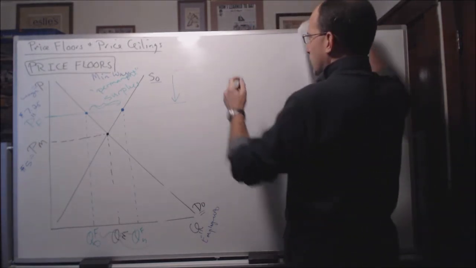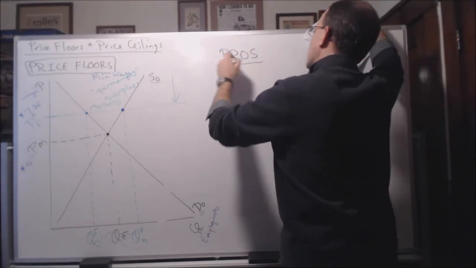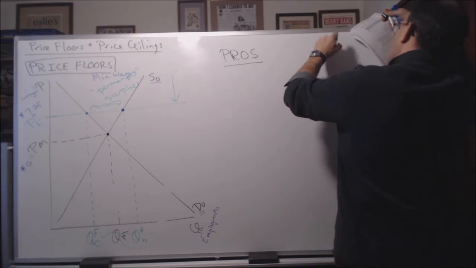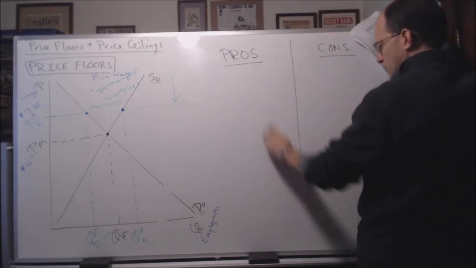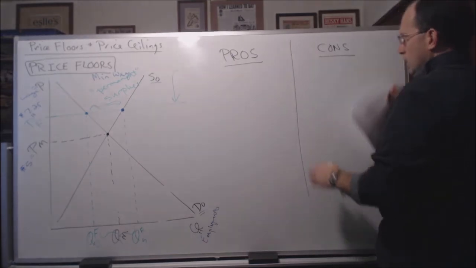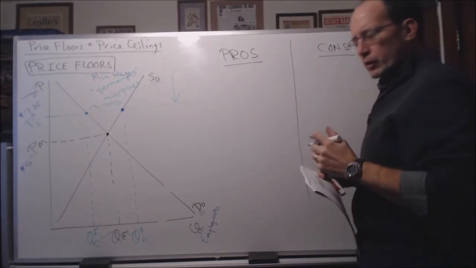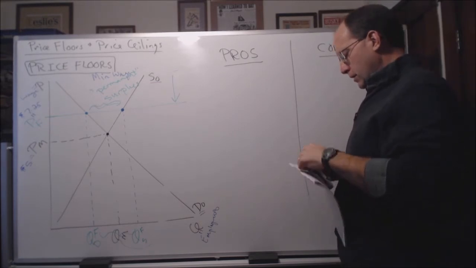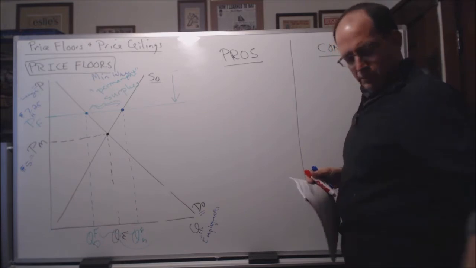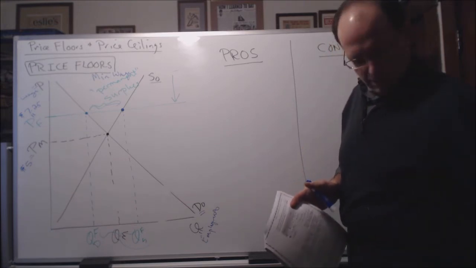And as you're thinking about that, I'm going to make a little list here of the arguments that are in favor of raising the minimum. So those are the pro arguments. And some of the arguments about why we shouldn't raise the minimum, those are the con arguments.